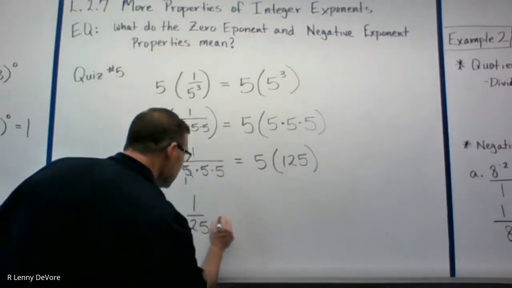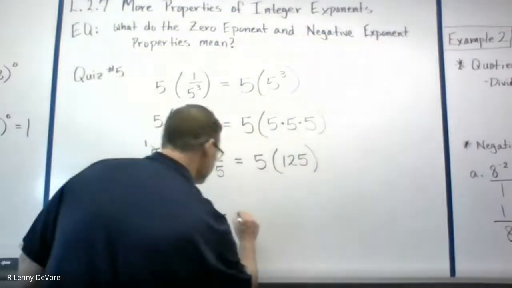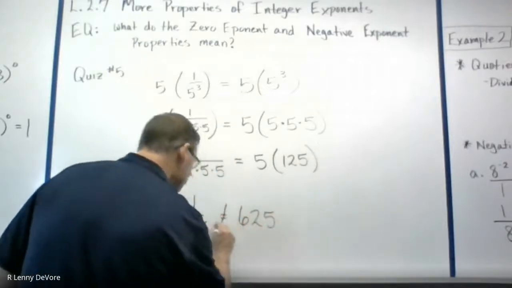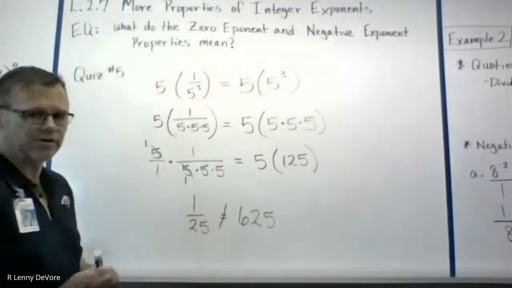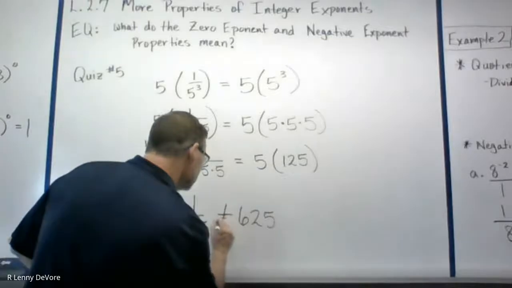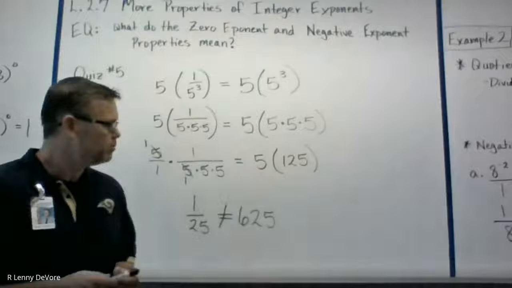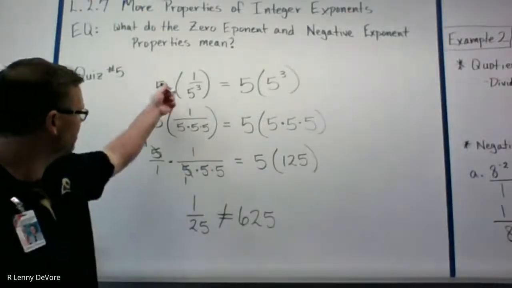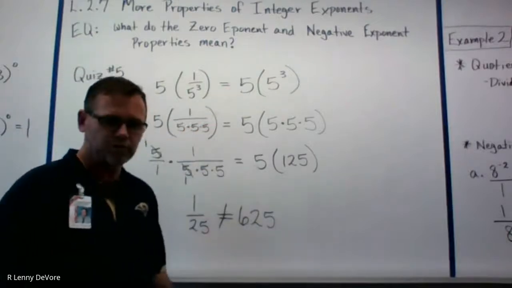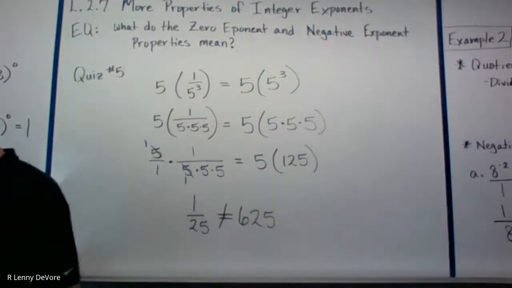On the other side of the equation, this becomes 5 times 125, which is 625. So in other words, these are not equal. And that's what they're looking to ask you, are these two terms equal? Well, they are not equal, because one is 1 over 125, and this one becomes 625. Okay? So that's what I wanted to make sure and show you, that that does not work.